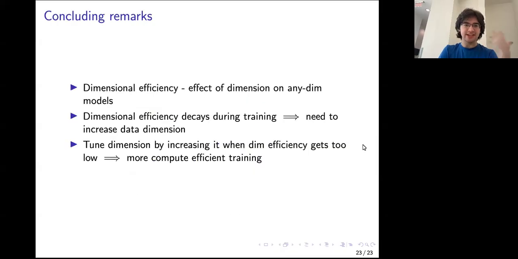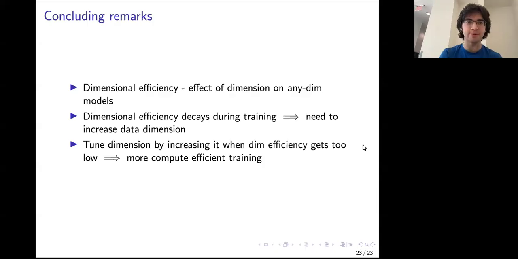And basically the concluding ideas of what we're talking about here is, we define this quantity, dimensional efficiency, to characterize the effect of the finite dimensional optimization objective on the infinite dimensional one.